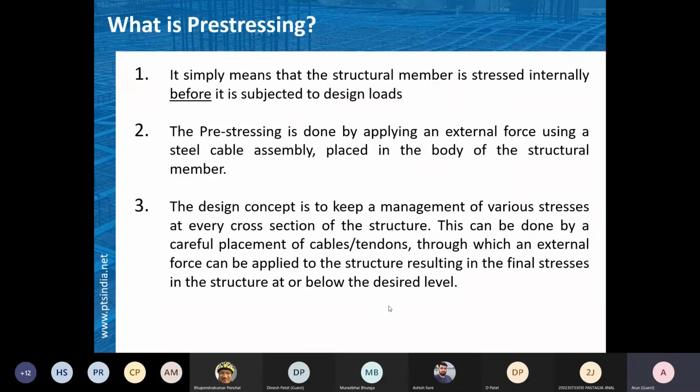Similarly, on the other side, where compressive stresses are there, if we can introduce a little bit of tensile stress, again there will be a reduction in the stresses. This is how we can manage the stresses with the help of pre-stressing.